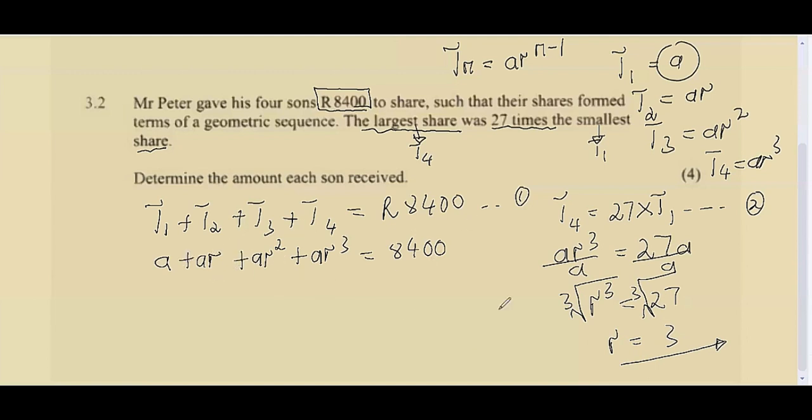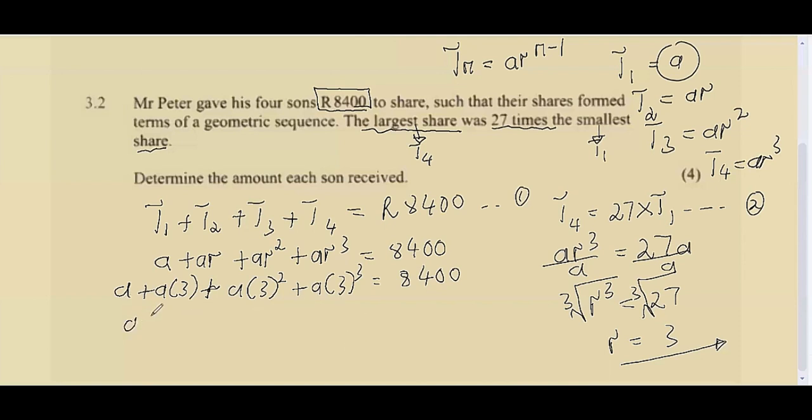Now, we can take this 3 and substitute it into expression 1. So wherever I see r, I will just substitute 3. That means I have a plus a times 3 plus a times 3 squared plus a times 3 cubed. All that should give me 8,400.